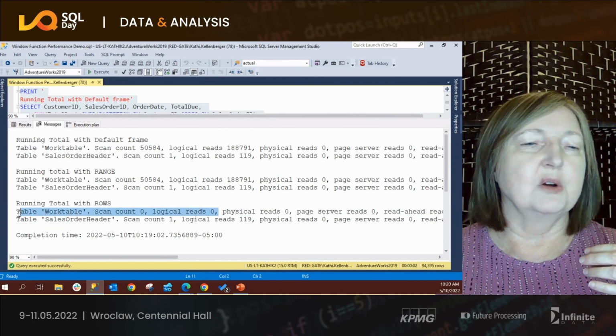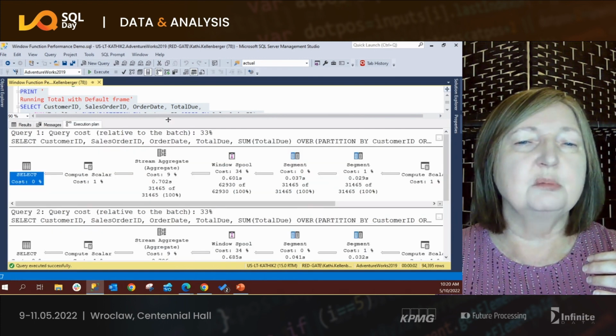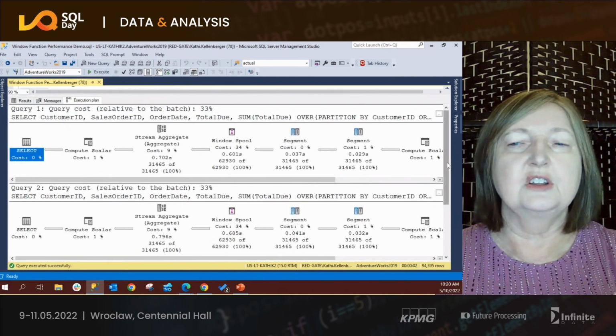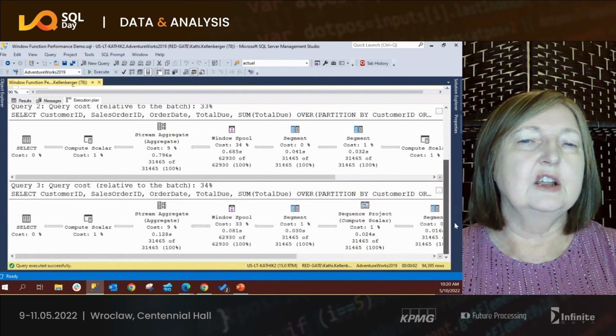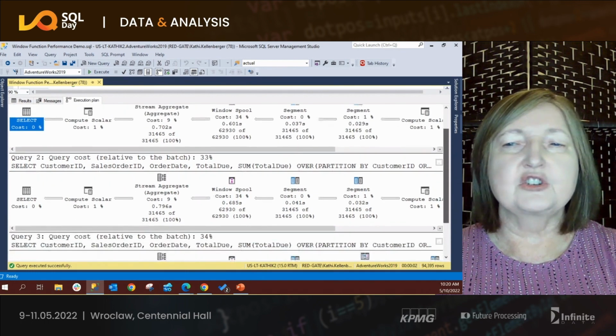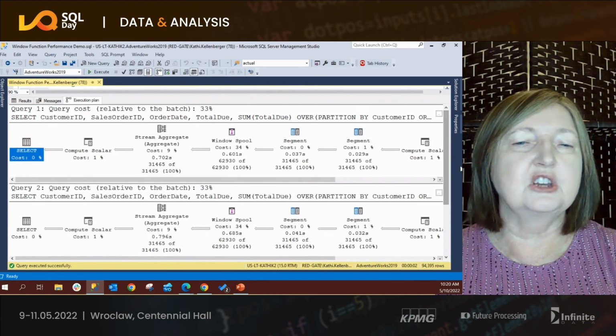Logical reads 0. Okay, so as far as the execution plan is concerned, these are all equivalent. I'm pretty sure they all have the same identical execution plan.